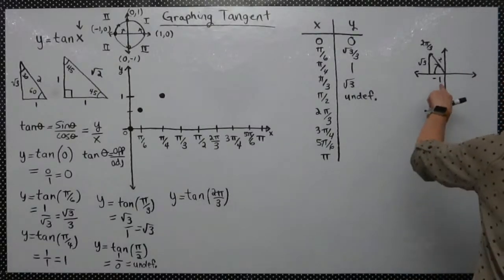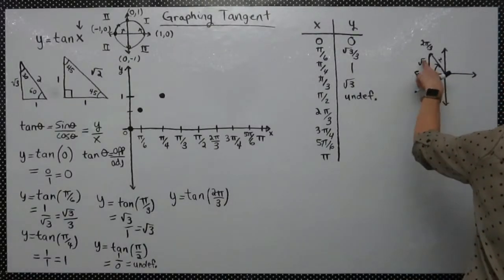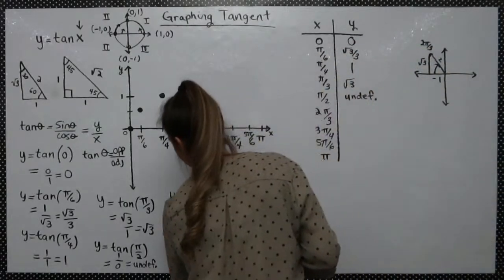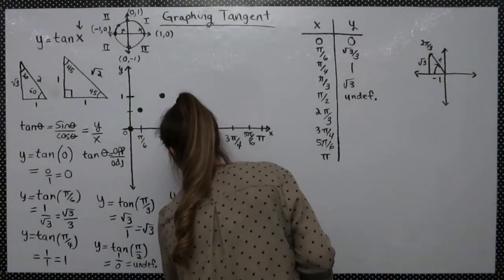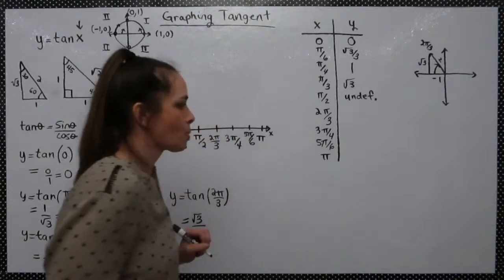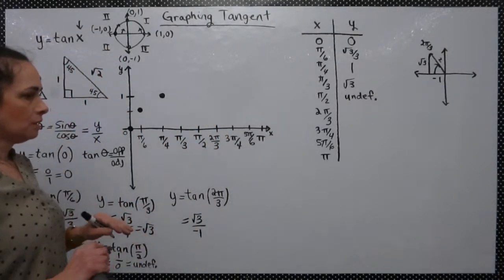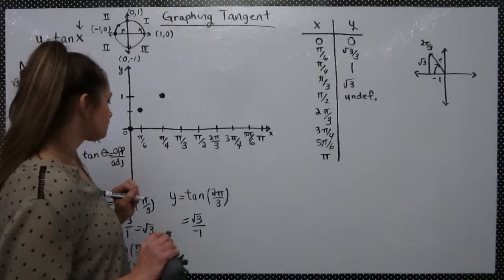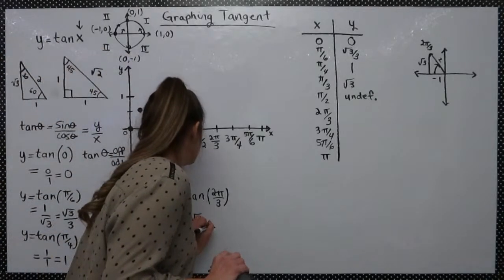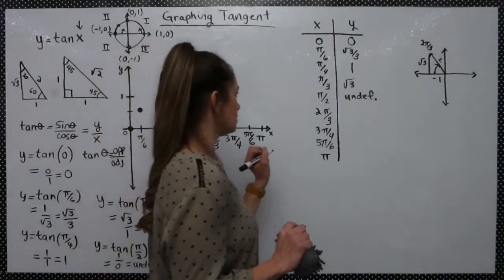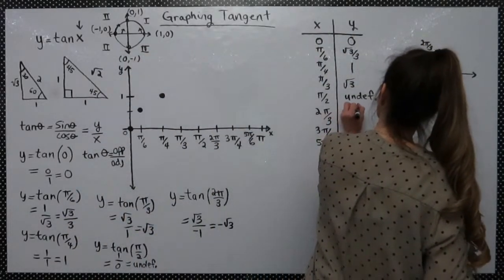So then when I do opposite over adjacent, I'm getting radical 3 over -1. So I just want to be clear how I'm getting that -1. And so that's going to lead to a negative value. That's negative radical 3 for my graph right here.